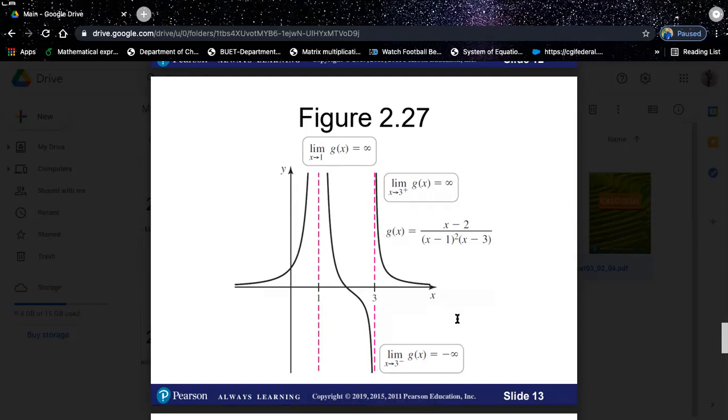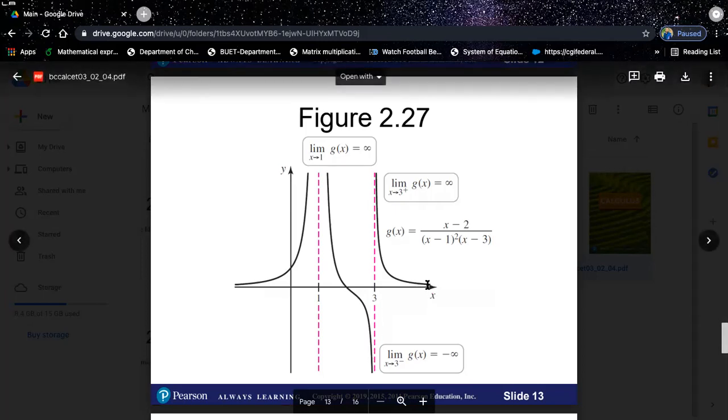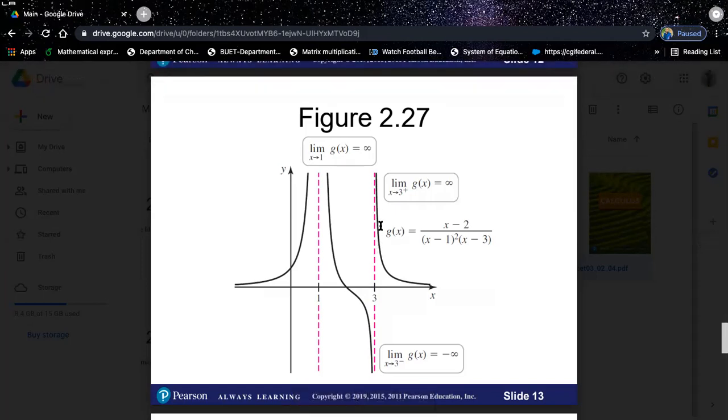We can actually draw the dashed line after we finish the graph. So when you are approaching from the left and the graph is going really close to this imaginary line but not crossing it, and the same goes for this one, not crossing this imaginary line, then we can draw this.